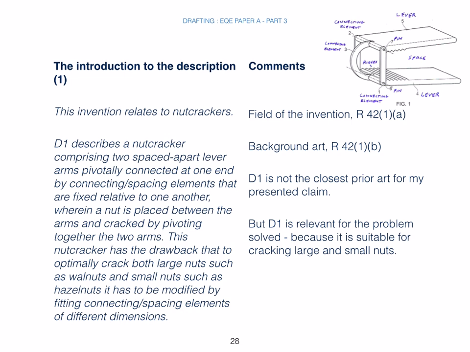By pivoting together, I've talked about spacing, connecting spacing elements, because I wanted to say that the spacing elements have to be modified to accommodate for different sizes of nuts.